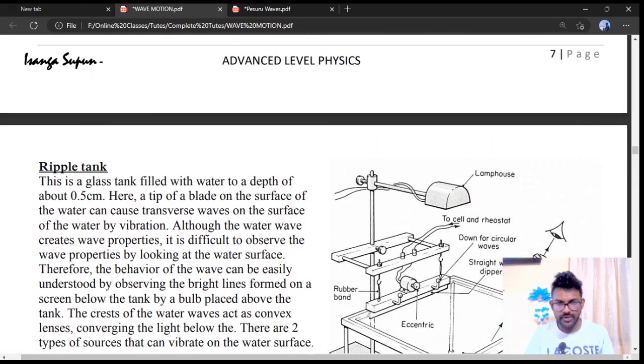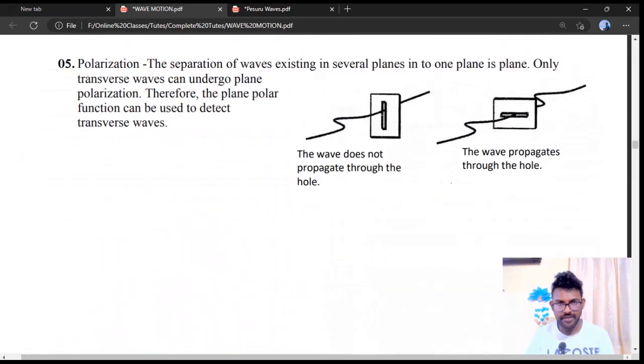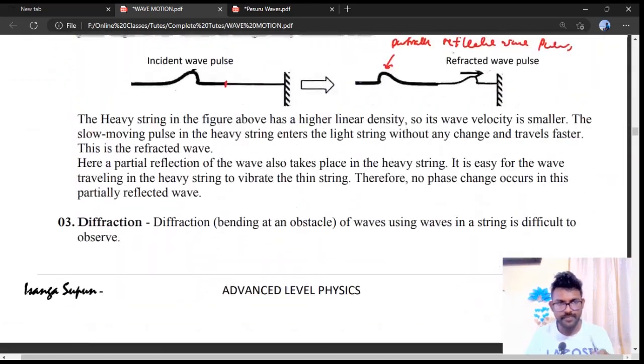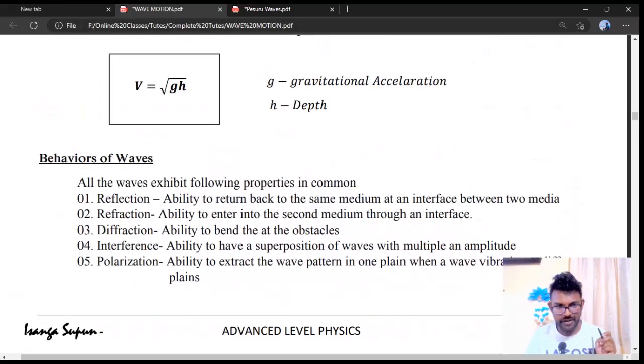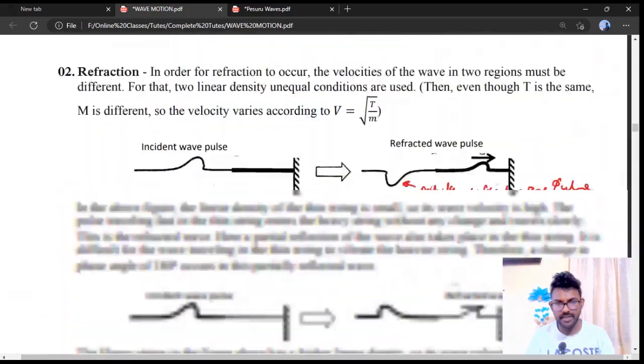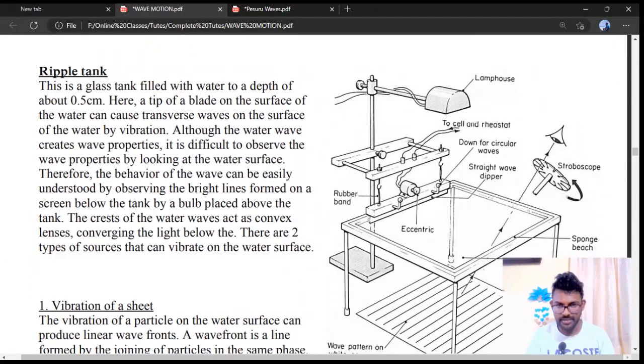Then let's go to the next one, that is called the ripple tank, right? Ripple tank. This is an interesting one, right? You can demonstrate all these 5 properties. Now we have considered 5 properties of waves: the reflection, refraction, diffraction, interference, and polarization. All these 5 properties you can observe and demonstrate through this ripple tank, right?